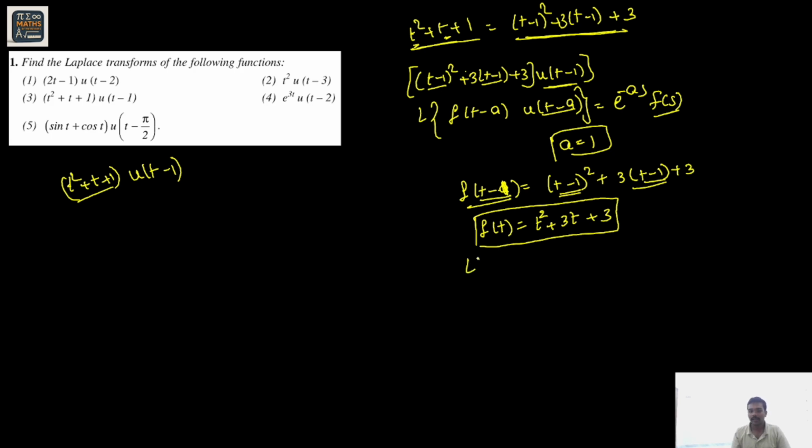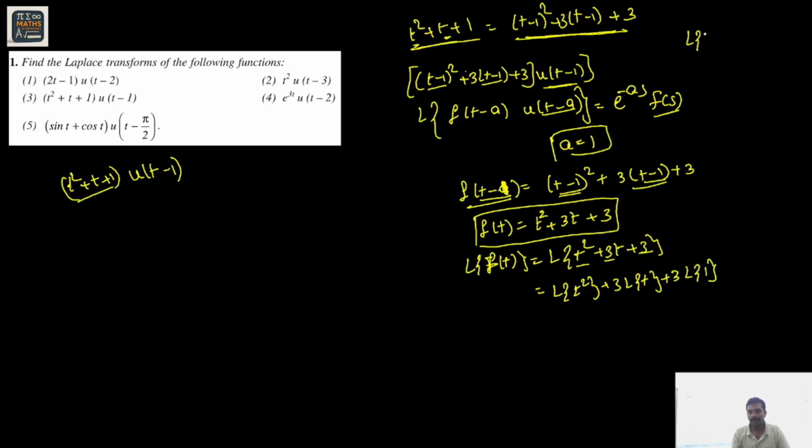So apply Laplace on both sides. Laplace of f of t is equal to Laplace of t square plus 3t plus 3. By using the linearity property, expand this Laplace over these three terms: Laplace of t square plus 3 into Laplace of t plus 3 into Laplace of 1.